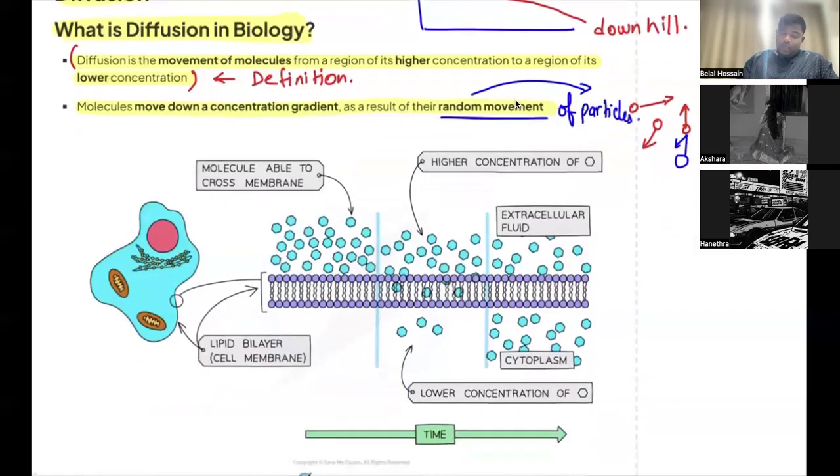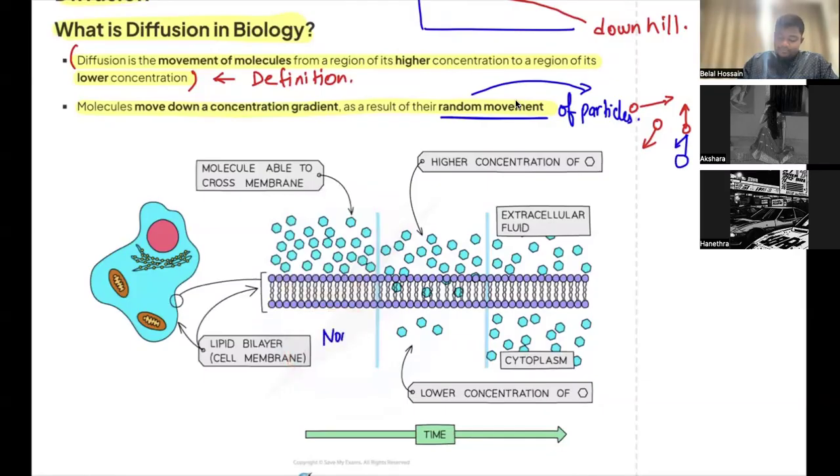In a region where there is high concentration, for example here, the glucose will go through the cell membrane to a region of lower concentration. Previously, the same place is represented in three different stages, at three different times. As you can see, previously there was no glucose molecule here.